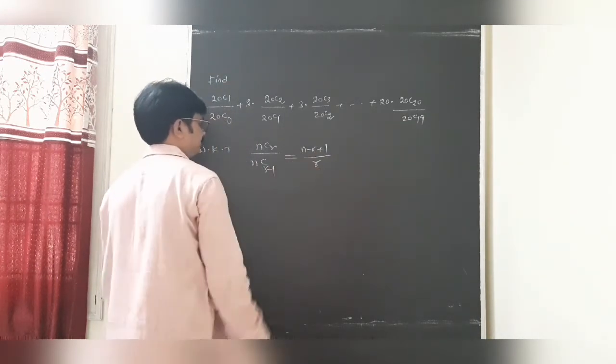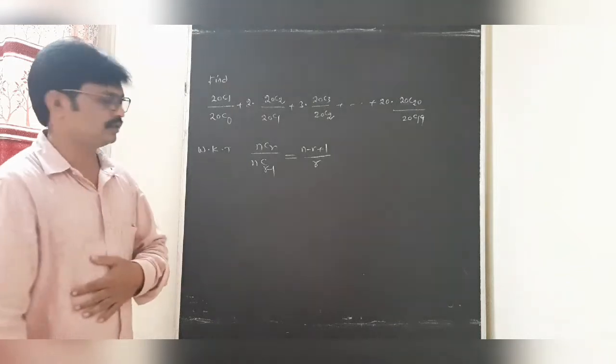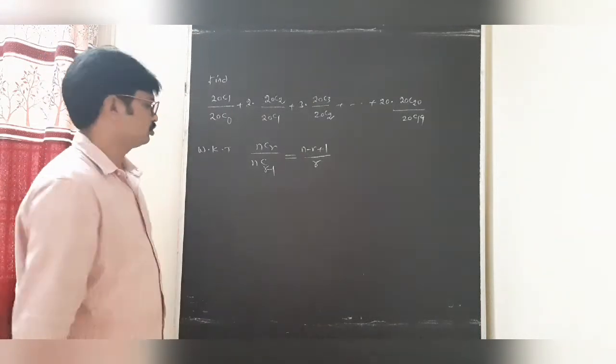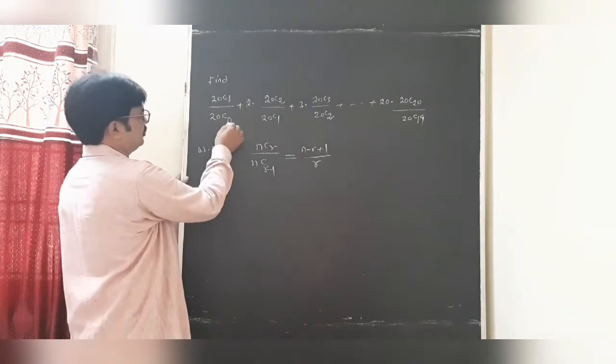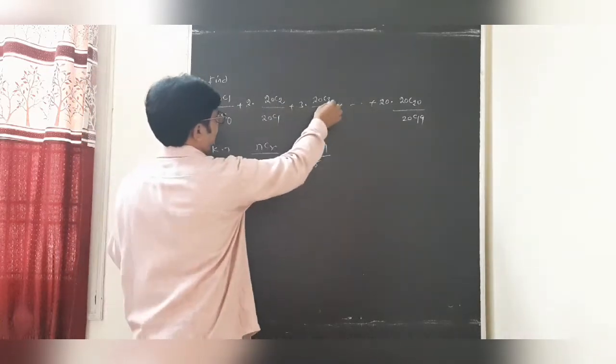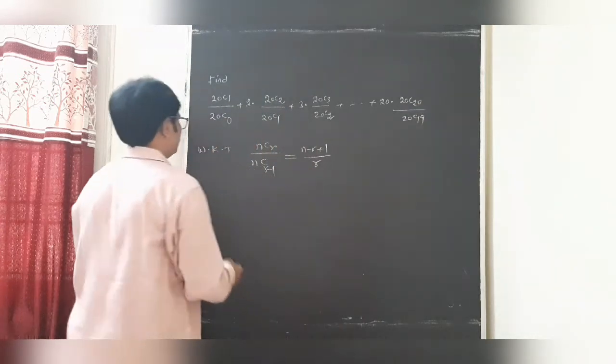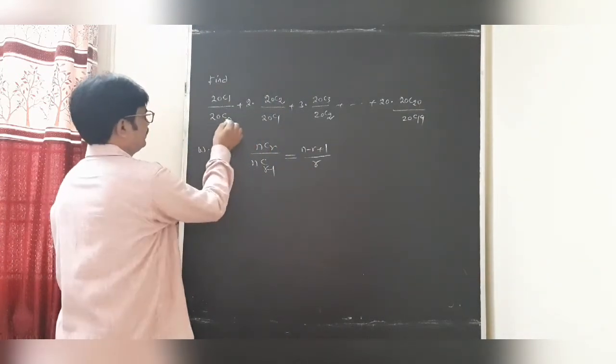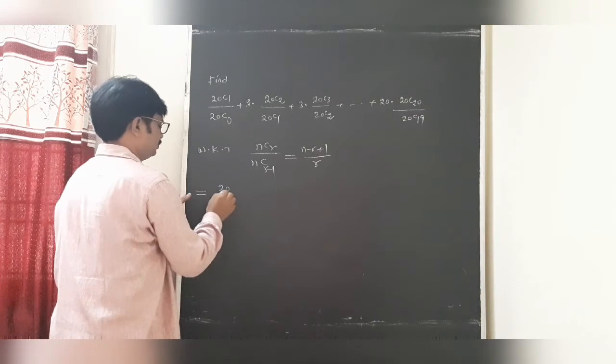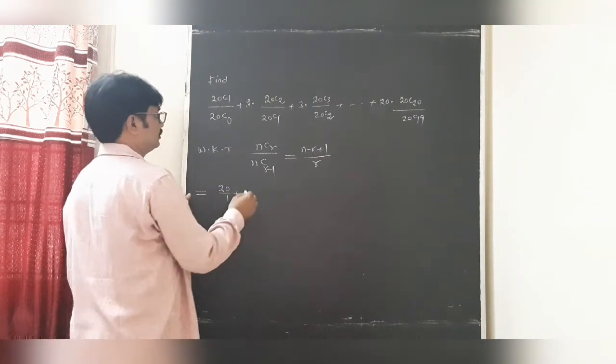So we can write it as n minus r plus 1 upon r. So students, 1 and 0 successive, 2 and 1, 3 and 2. So 20 and 19 are successive. Therefore students, 20 minus 0, 20 by 1.